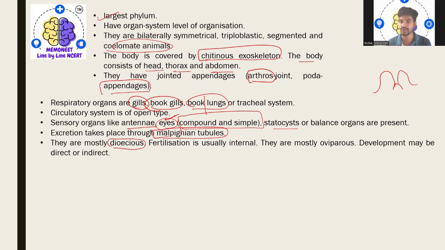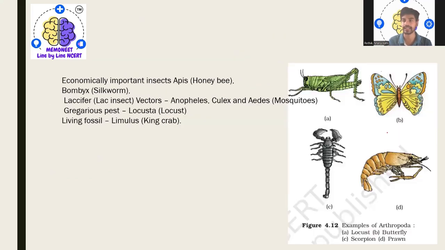Fertilization is usually internal, and they're oviparous, laying eggs. Development may be direct or indirect. Direct means the young resemble the adult. In indirect development, the larval stage is completely different from the parent. Examples are Apis, honeybee, Bombyx, silkworm, and Laccifer, lac insect, and many others.